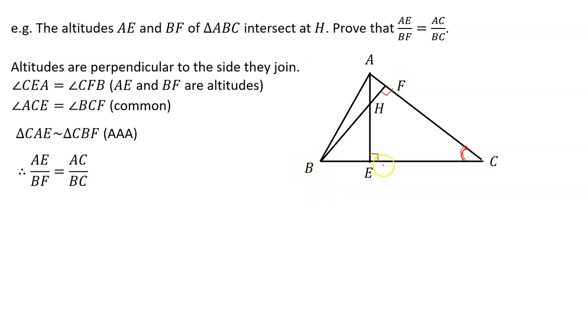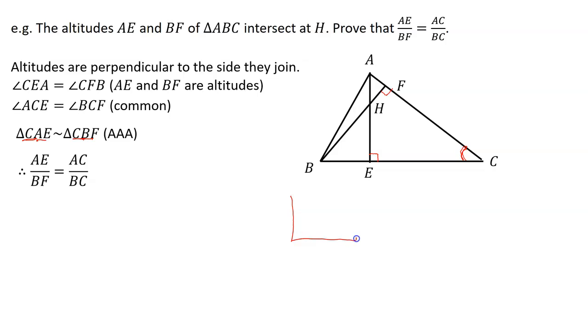And F corresponds to E. Because I've listed those in order, which you do have to do, that also makes it much easier in showing these relationships here. So AE divided by BF, so the second two letters, is equal to AC divided by BC.